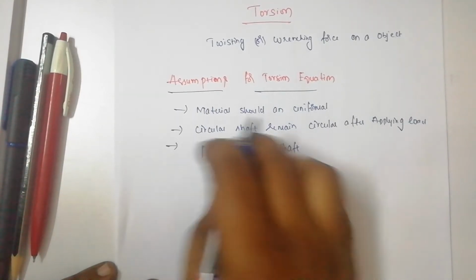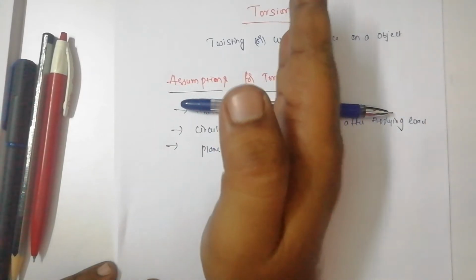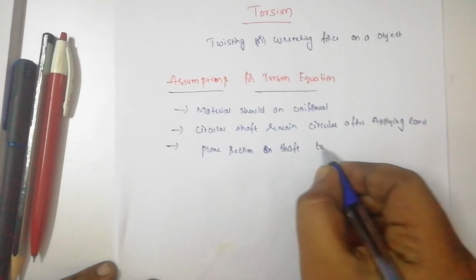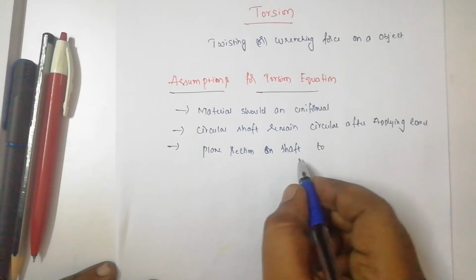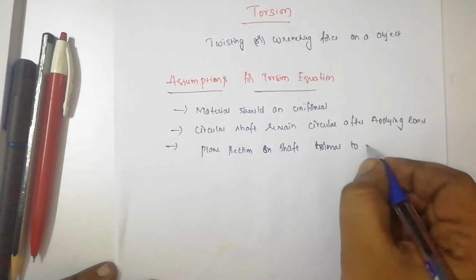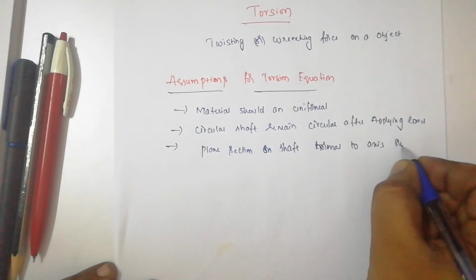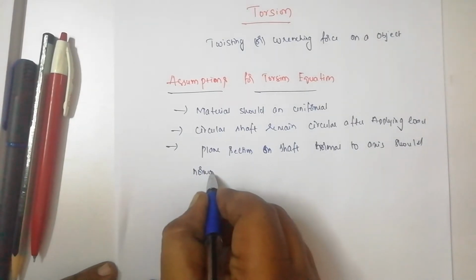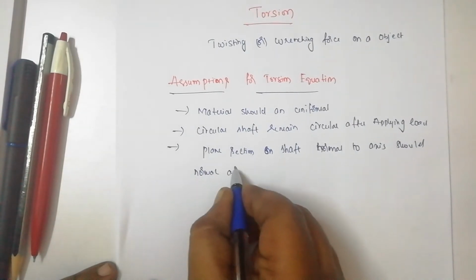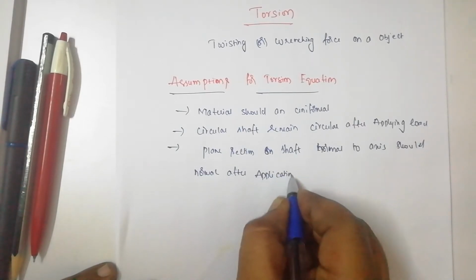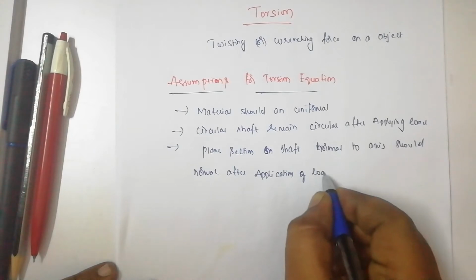If you are considering a shaft like this and I cut here, this plane which is normal to the axis of the shaft should remain normal after application of load.